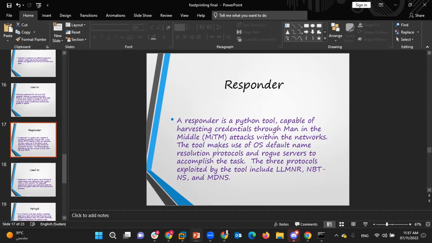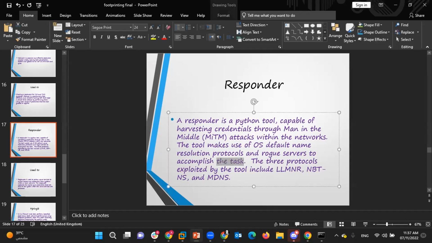These protocols will be exploited when the task is accomplished. These are the three protocols which will be exploited.